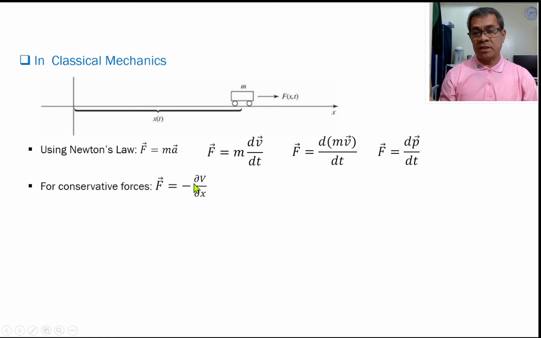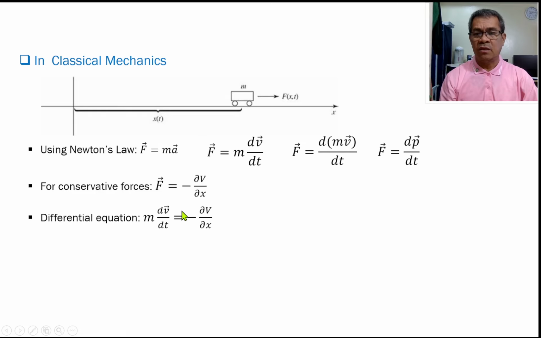Okay, so which means that if we substitute this into Newton's second law, either form of that relationship, then we come up with this one. So this is again a differential equation. Good for us because we can solve this. This is a differential equation, then we can provide a solution of that. So if we are given the potential energy, for example, of the given condition of that problem, then we can always provide the velocity.